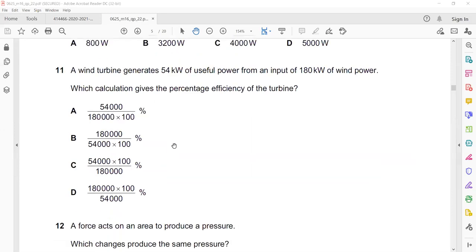Question 11. A wind turbine generates 54 kilowatt of useful power and input is 180 kilowatt. Which calculation gives the percentage efficiency? Efficiency is the useful energy output divided by total energy input, and that is multiplied by 100.